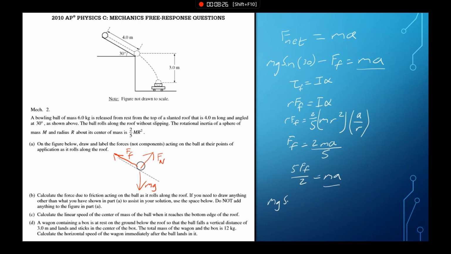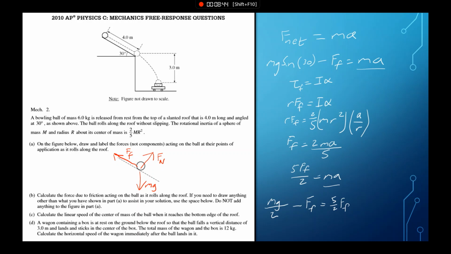So mg sine 30 is half, so we can just write in, minus friction is equal to 5 times friction over 2. Okay.